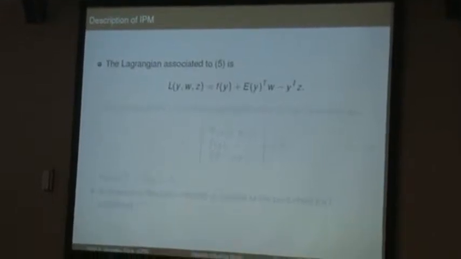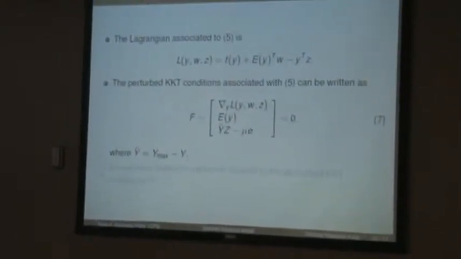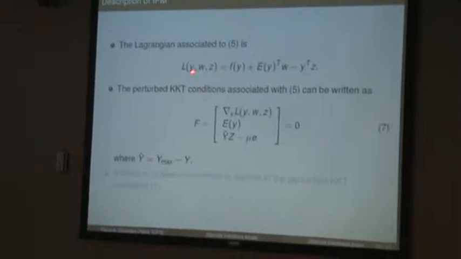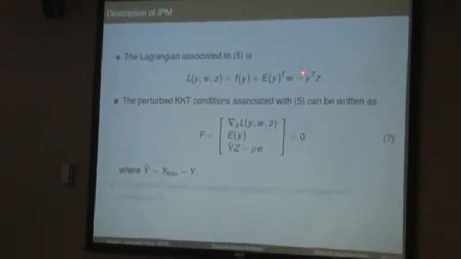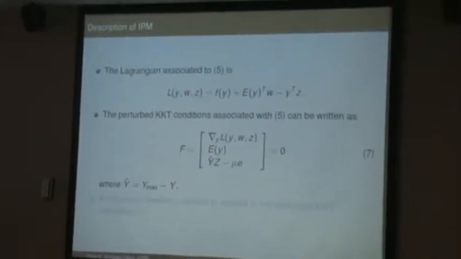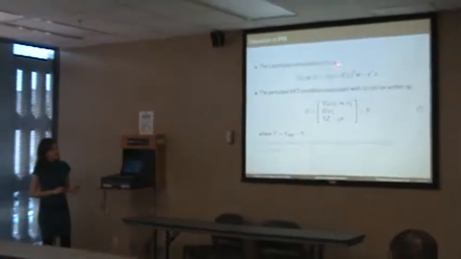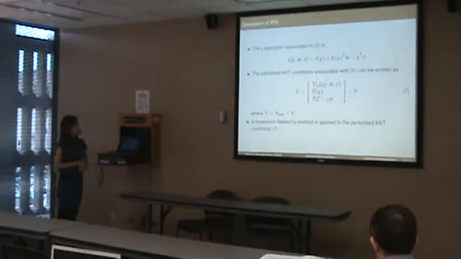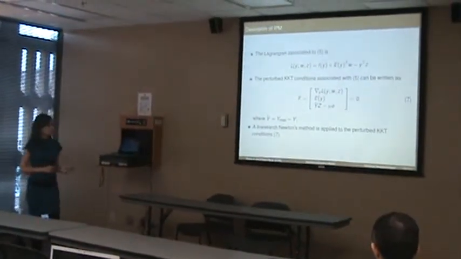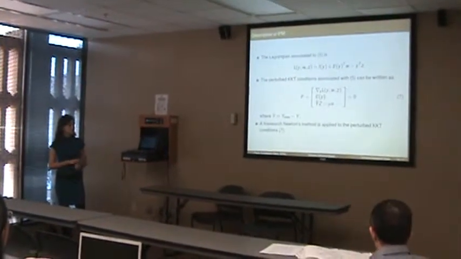So instead of having adjoint variables, now we have Lagrange multipliers. And basically the necessary conditions now are related with this Lagrangian. We have the derivative with respect to y. When we take the derivative with respect to w, we just have this one. And the last one is the perturbed complementarity condition. We need these to be equal to 0. And the main idea in interior point methods is that we solve this equation using a line search Newton method.